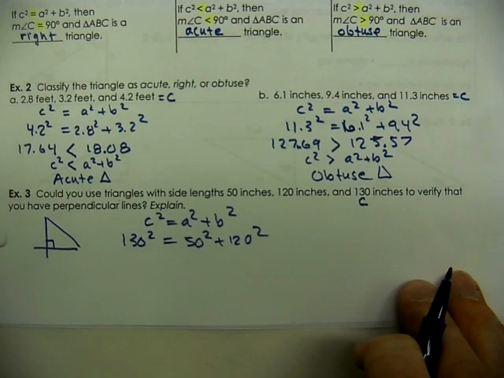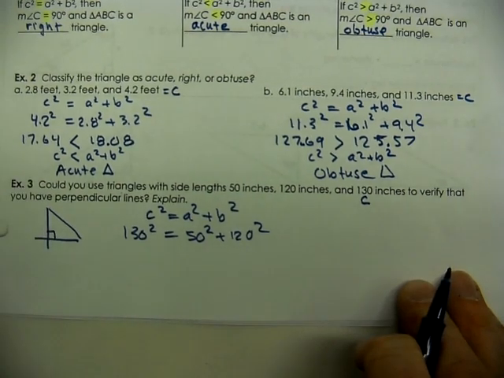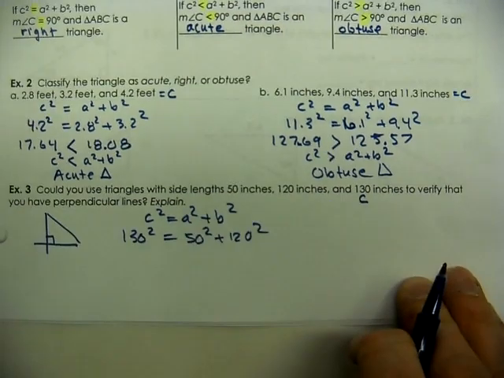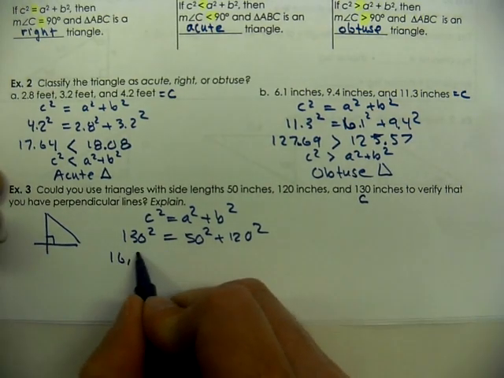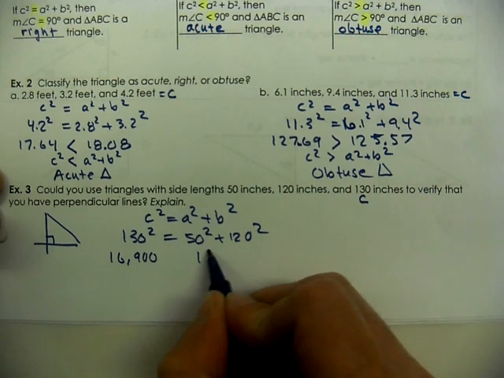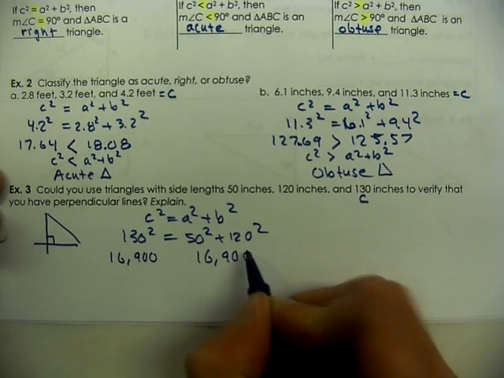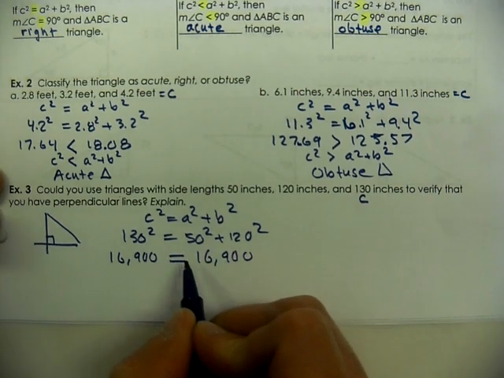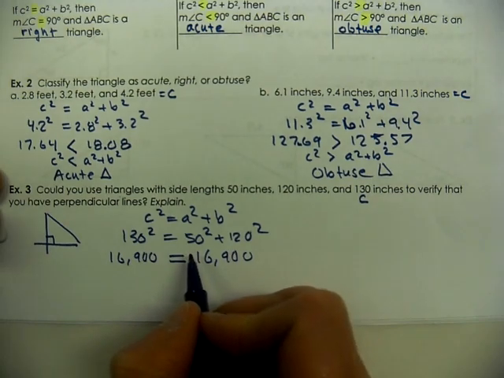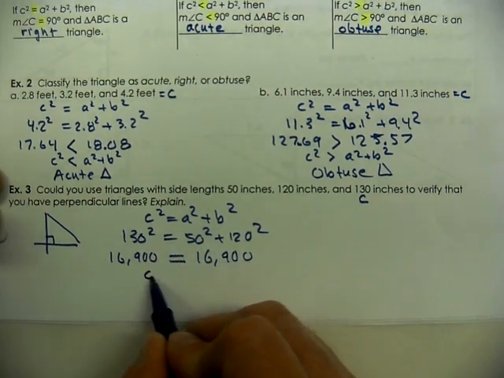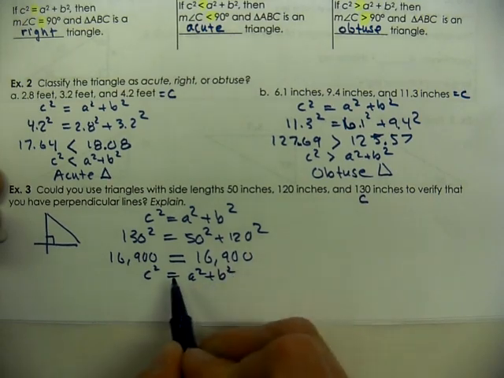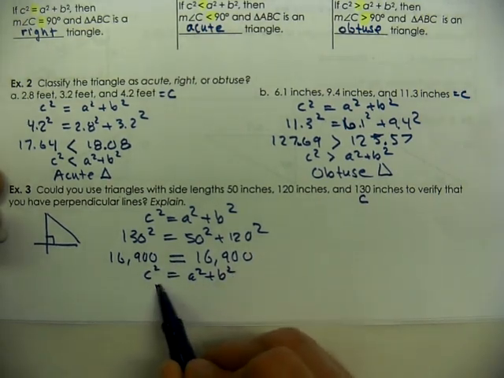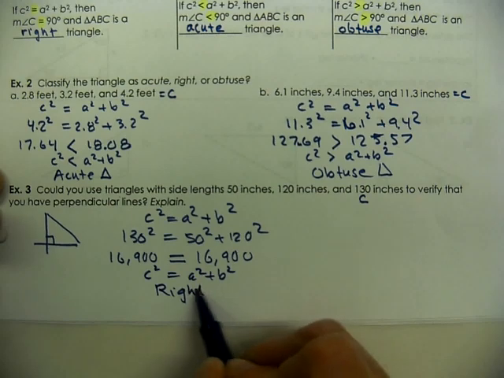And so, again, our calculator with these very big values gives us results of 16,900 on both sides. So that is a true statement. It's neither less than nor greater than. That means c squared really does equal a squared plus b squared. That means our angle equals a right angle, and we have a right triangle.